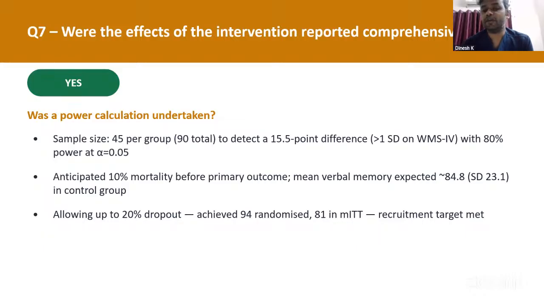And then to detect a meaningful difference, at least a 15.5 point difference should be there. And then with 80% power with an alpha of 0.05 and an expected dropout of 20%, the sample size they have chosen is 45 per group. And then ultimately, because of the missing data in the last two follow-ups, 81 were able to be analyzed as per modified intention to treat.